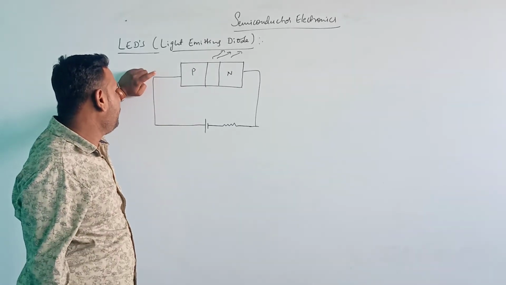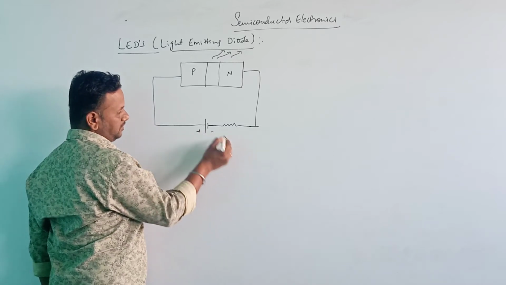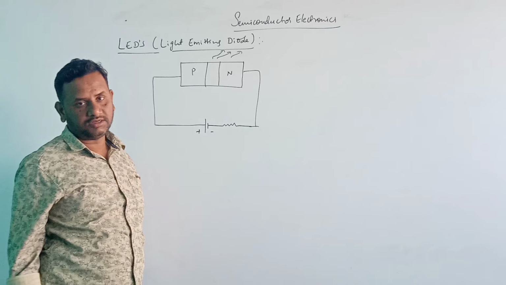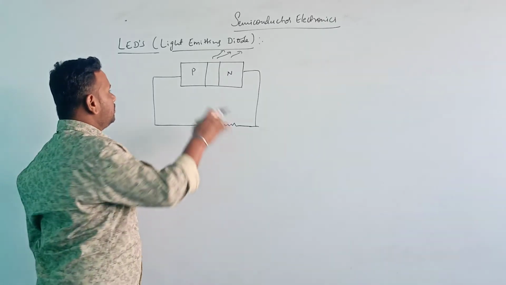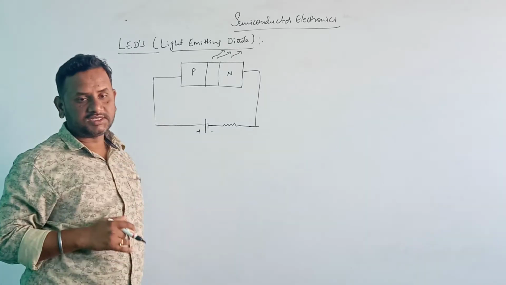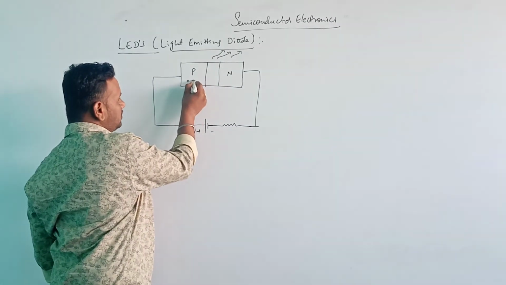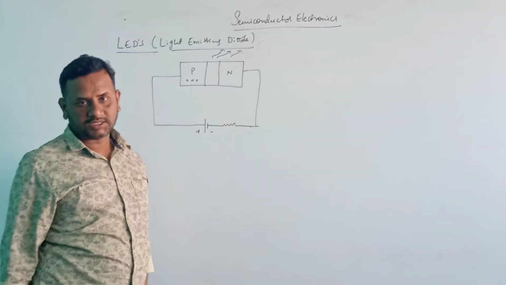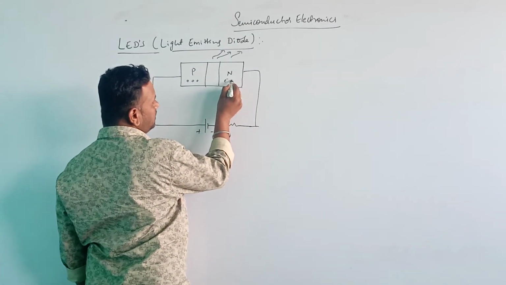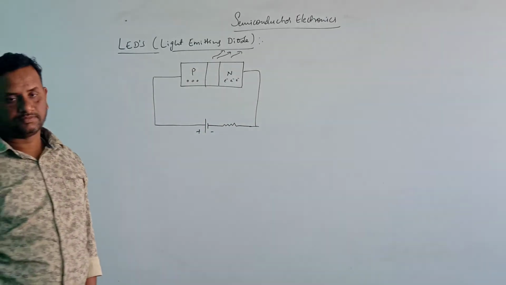Now, when the P region is connected to the positive terminal and the N region is connected to the negative terminal, in the P region the majority charge carriers are holes, and in the N region electrons are the majority charge carriers.